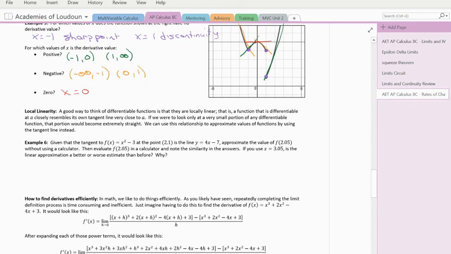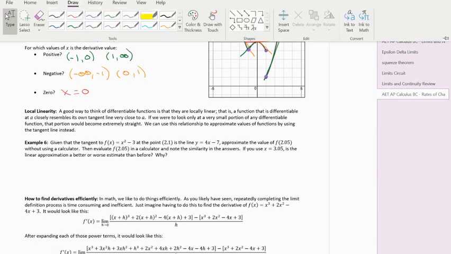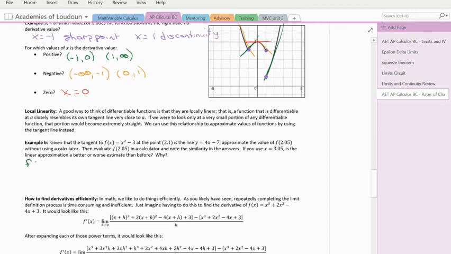So given that the tangent to f of x, so let's write f of x is equal to x squared minus 3, at the point (2, 1) gives us the tangent line of 4x minus 7.